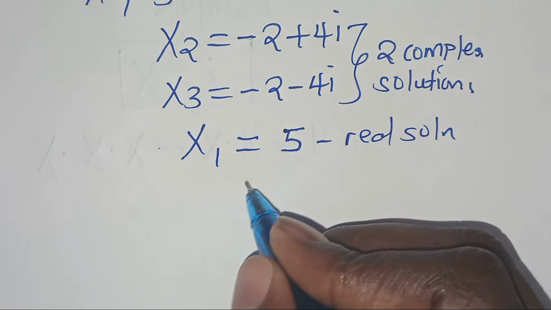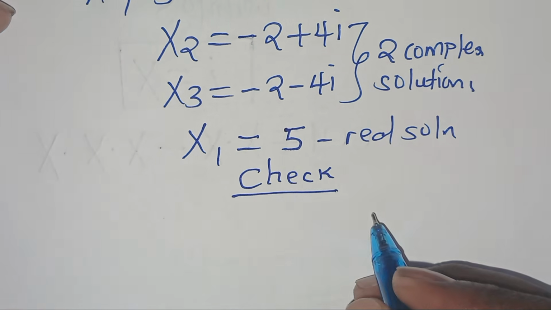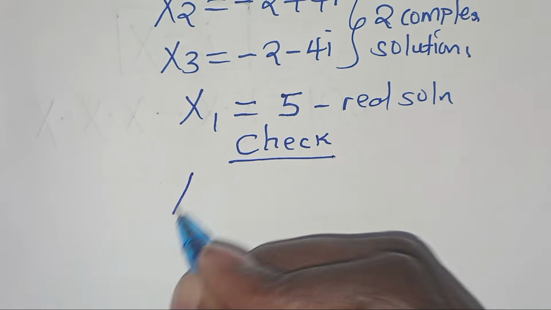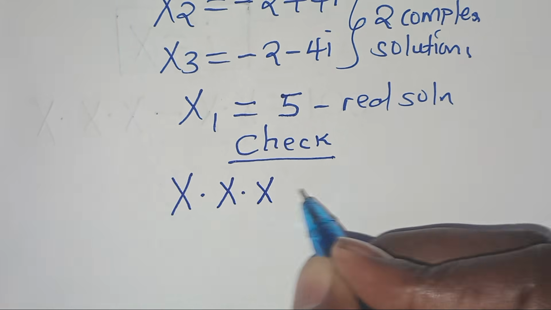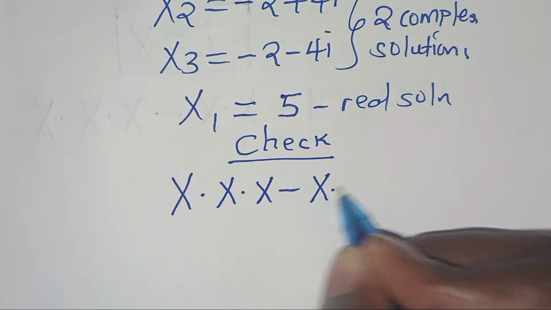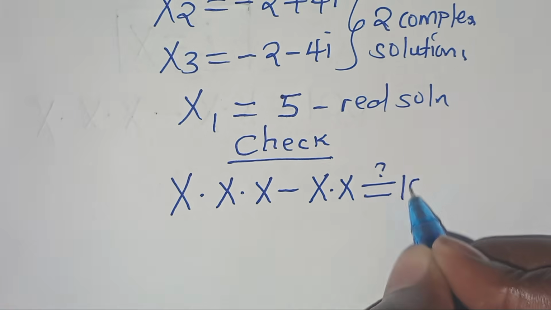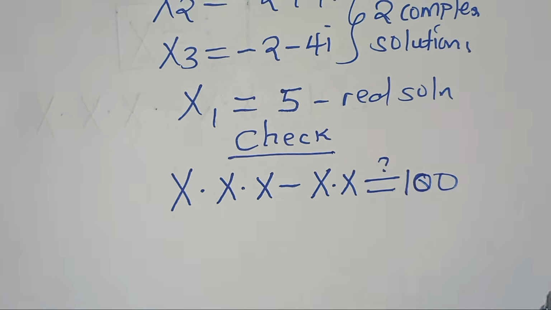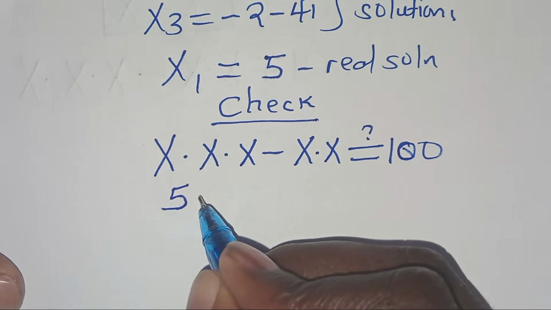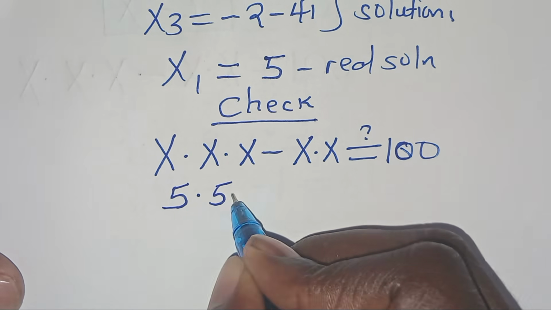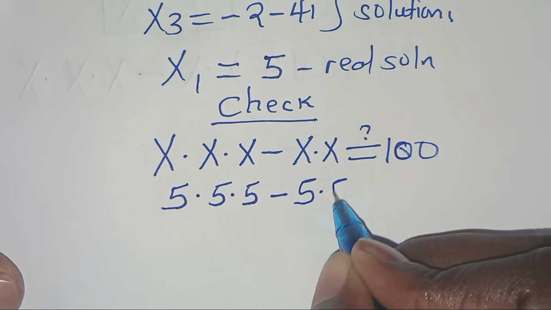So let's check if this real solution here satisfies the equation. Now, if you recall, we had x times x multiplied by x, subtract x multiplied by x. This is supposed to give us a value of 100. Substituting x, which is 5, this means we have 5 multiplied by 5 multiplied by 5, subtract 5 multiplied by 5.